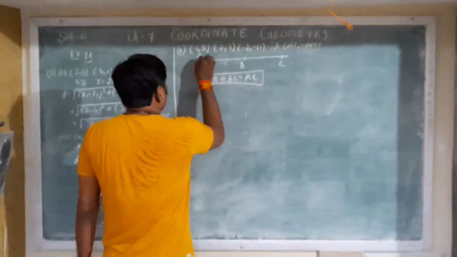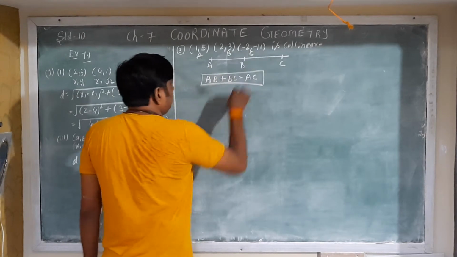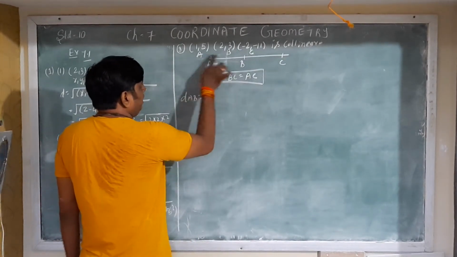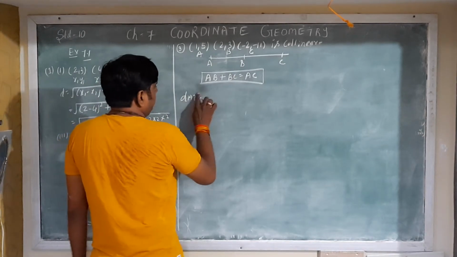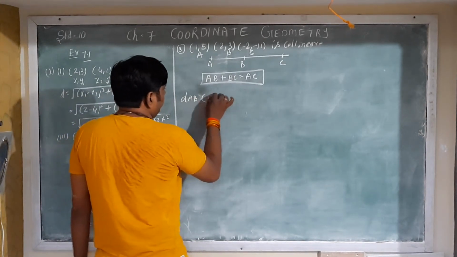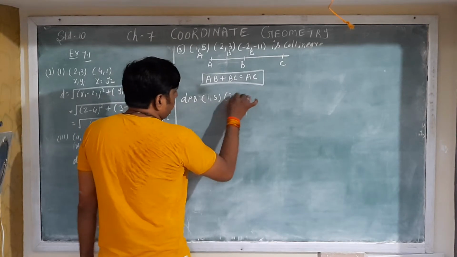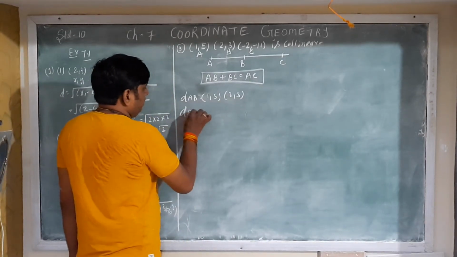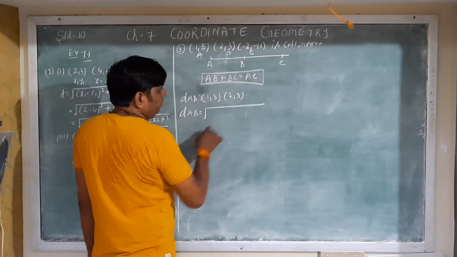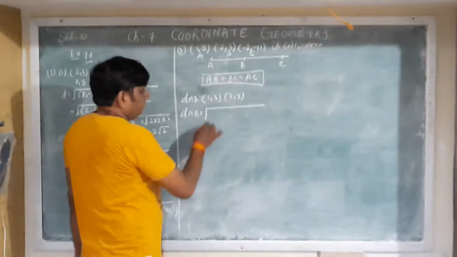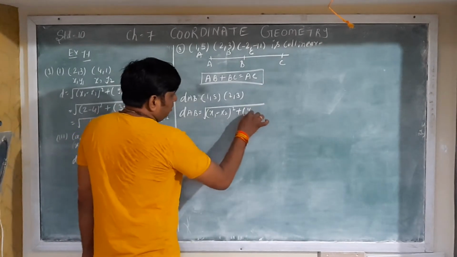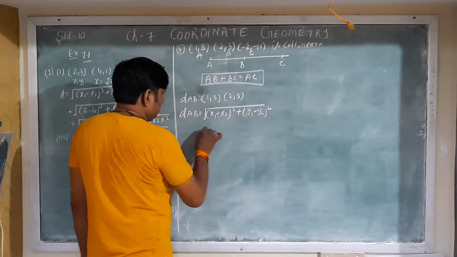Okay, now first we find the distance of AB. ABC where suppose this is A, this is B, and this is C. The distance of AB, use A and B coordinates, right? Which coordinates? (1, 5) and (2, 3). Write the formula all the time: x1 minus x2 square plus y1 minus y2 square.